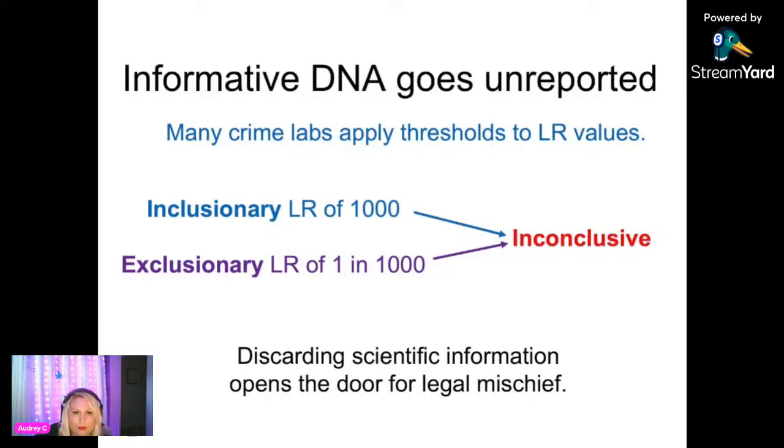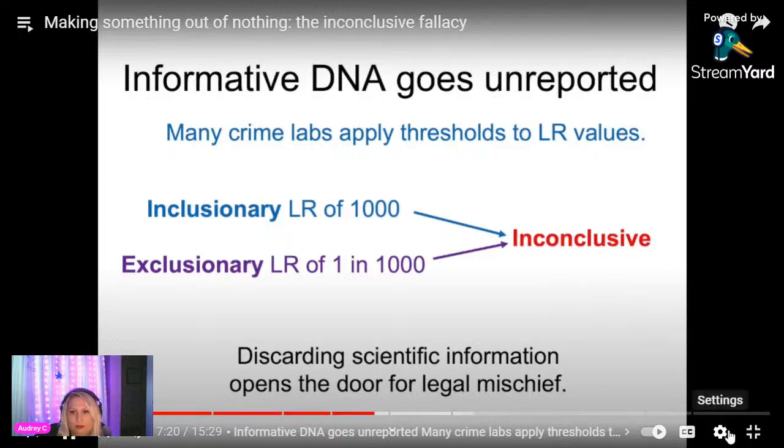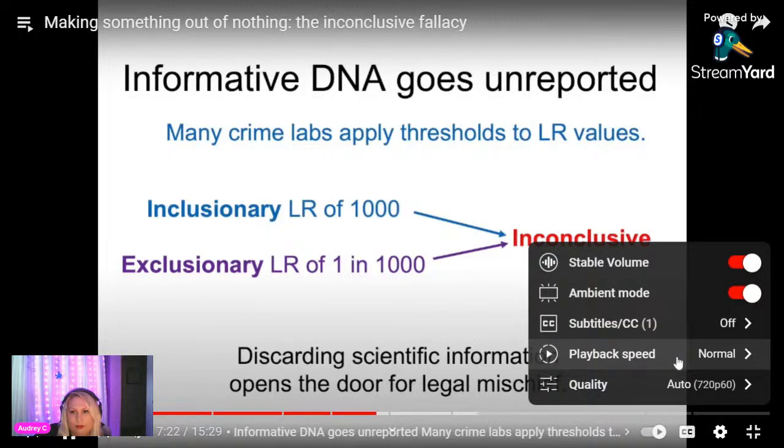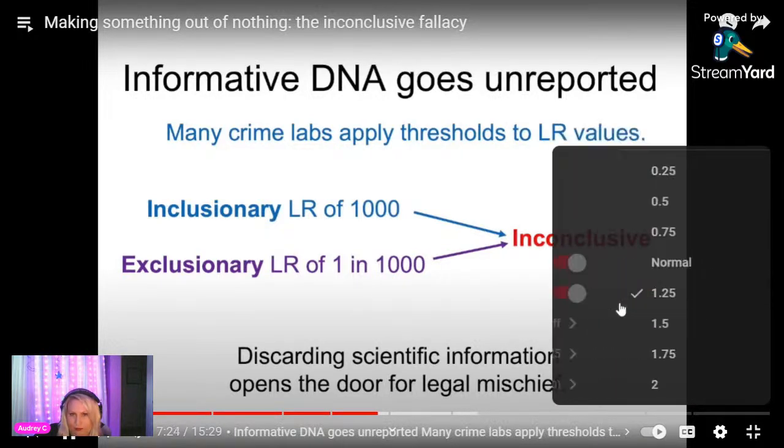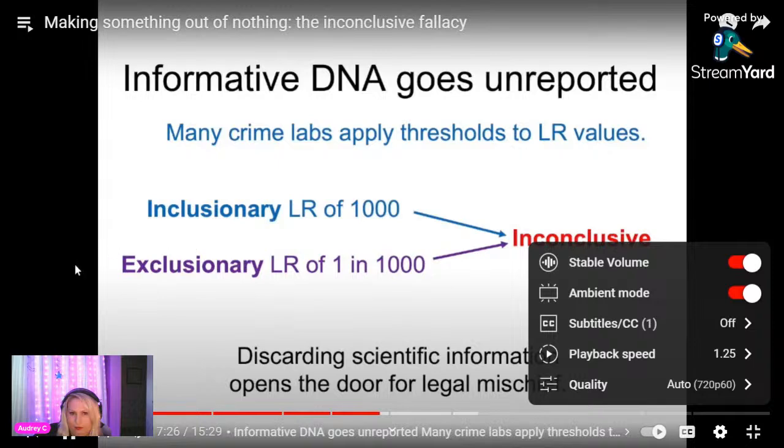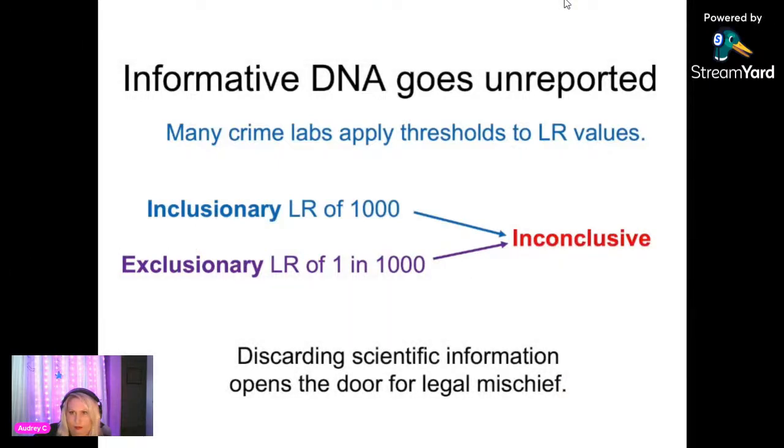Or exclusionary likelihood ratios that might be above 1 in 1,000, those numbers are called inconclusive. They're not reported. The triers of fact never hear about this critical evidence. Information is discarded. But discarding forensic science information can open the door for legal mischief.